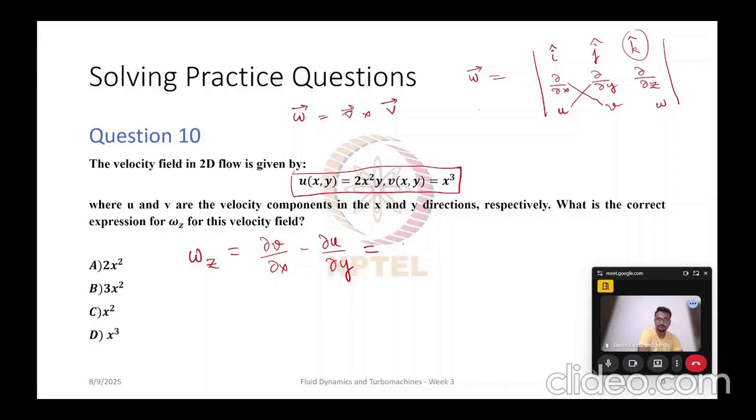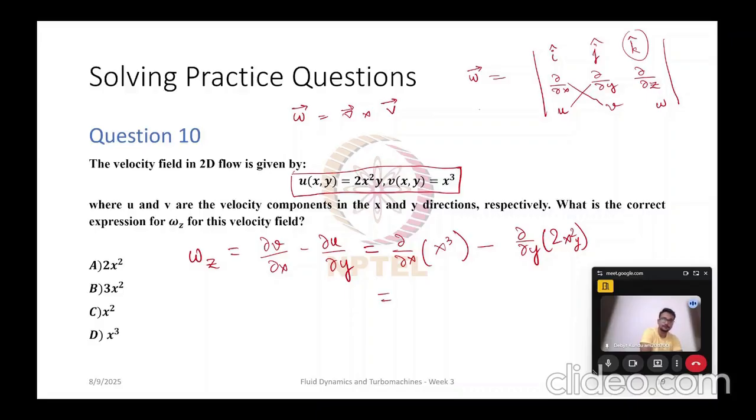So basically dou x of x cubed, which is v, minus dou y of u, which is 2x squared y.